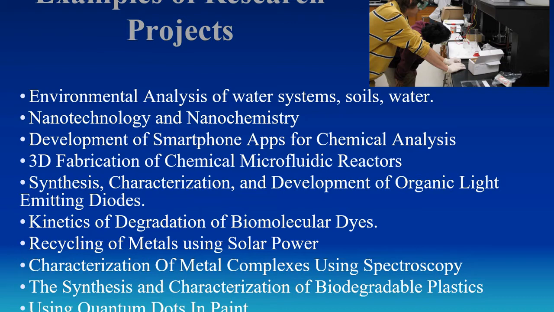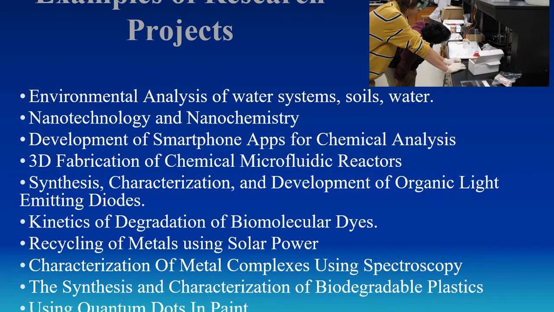Other students have used our Form 3 3D printer to fabricate what are called microfluidic reactors. Many students have done things like making organic molecules that could function as things like light emitting diodes, or looked at the degradation of different molecules they've made.